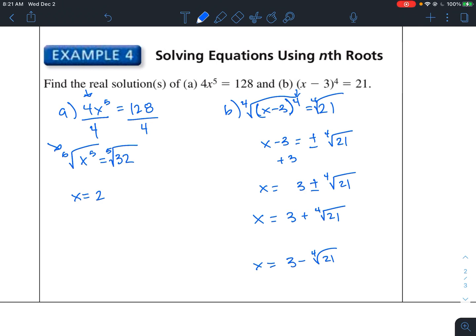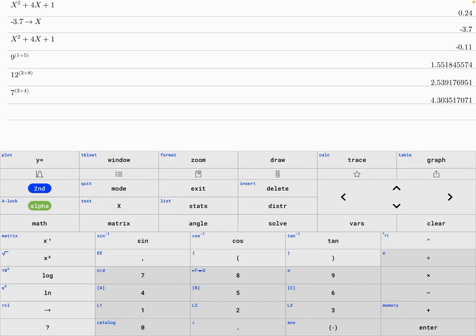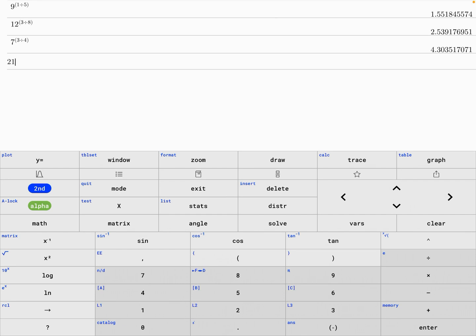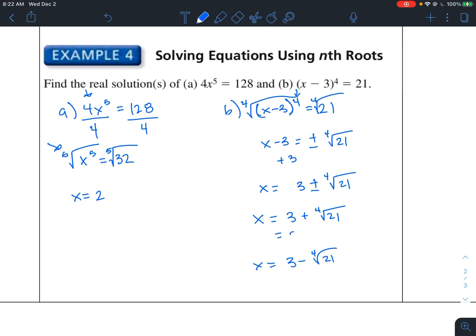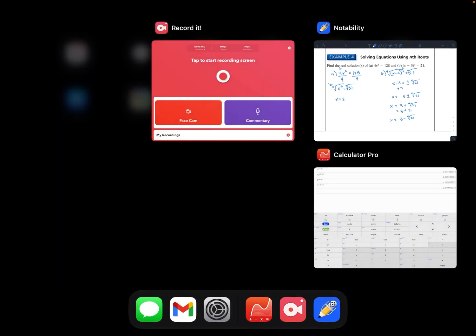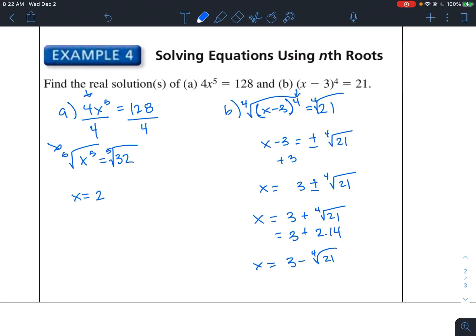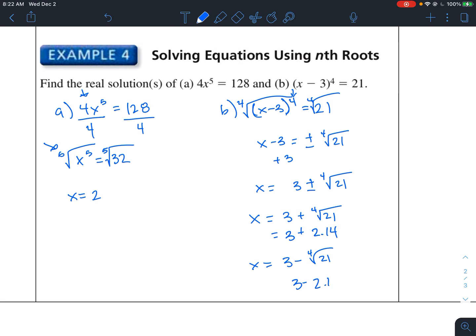If we want to take the 4th root of 21, we can do 21 raised to the 1 divided by 4, and we get 2.14. So this is equal to 3 plus 2.14 and 3 minus 2.14.